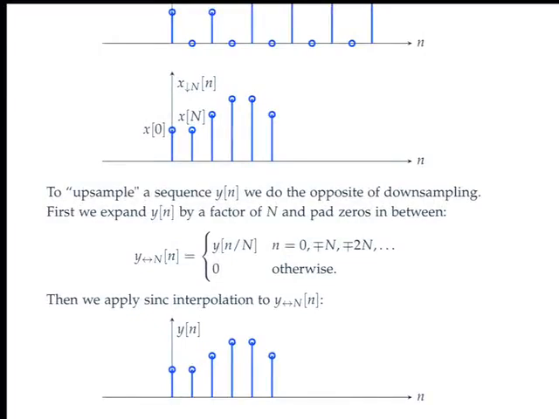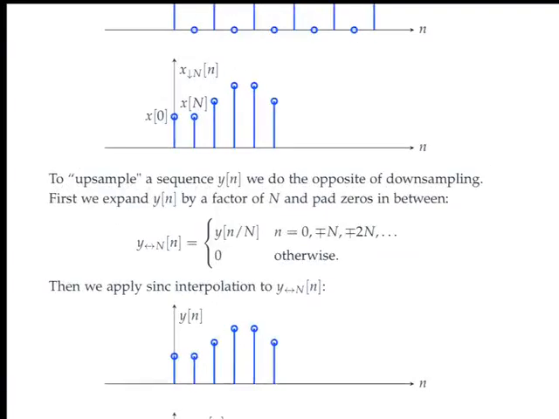Because for downsampling, they use this notation, right? Arrow down, and that means down sample by n. Keep fewer samples. Keep every nth sample. Upsampling, they will use this notation. But to do upsampling, first you have to stretch it and put zeros in the middle. And for that, I use this notation in the notes. That means stretch, like pull it apart, right? I totally made this up, but I kind of like it, actually.